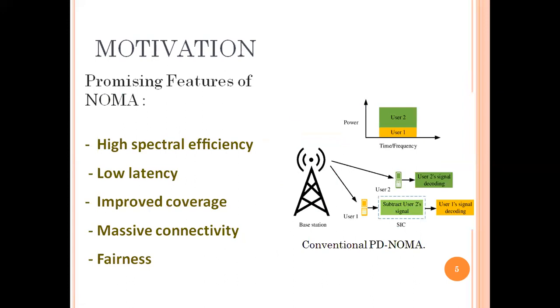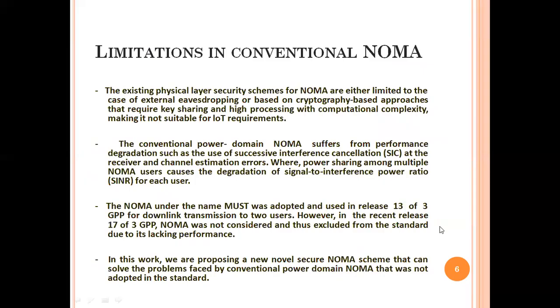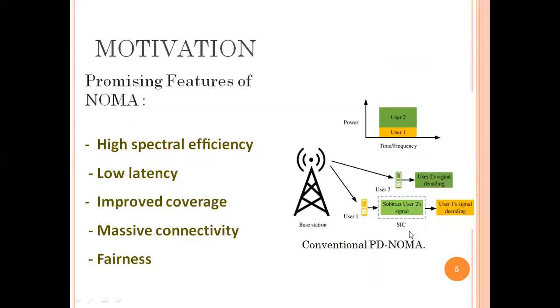Talking about the conventional power domain NOMA, there is a far user and there is a near user, for example. The near user first subtracts the far user's signal from the total signal and then decodes its own signal.